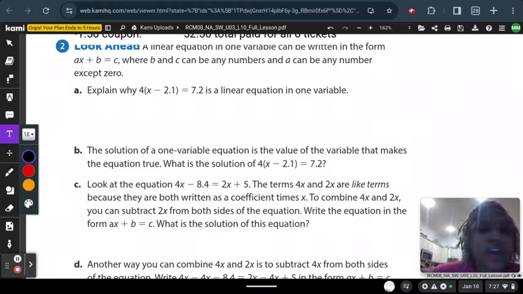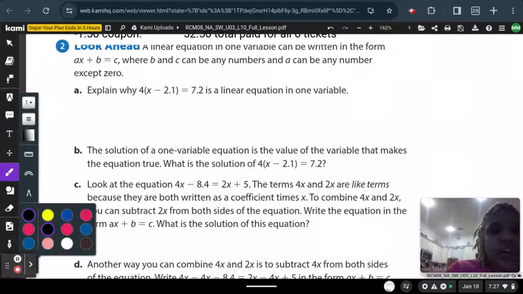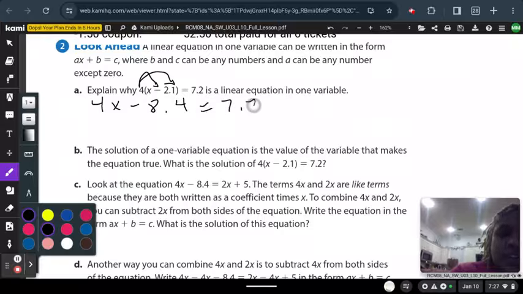All right. Now that you have solved these problems, we're going to go ahead and check this work right here. I'll try to write as small as I can. So it's explain why A is a linear equation in one variable. If we distribute the 4 to the x and to the 2 and 1/10, we're going to get 4x minus 8.4 equals 7.2.